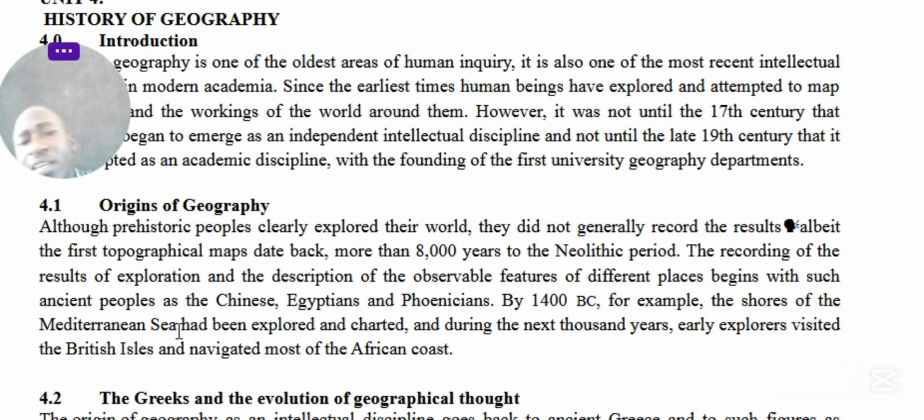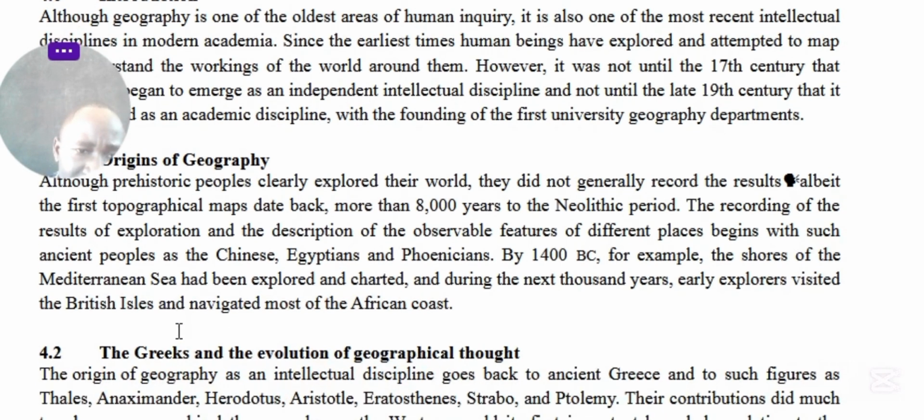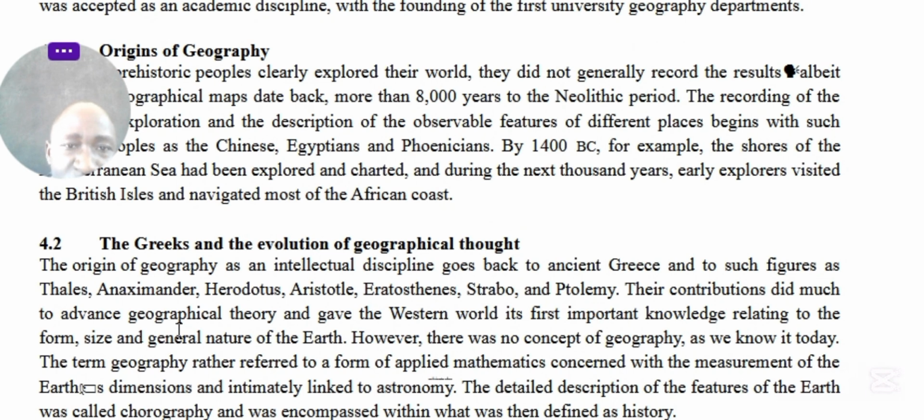In the 17th century, many geographers started making research and observed that geography was in existence. Around that time, geography started becoming an intellectual discipline, and geographers started embracing geography as a discipline.